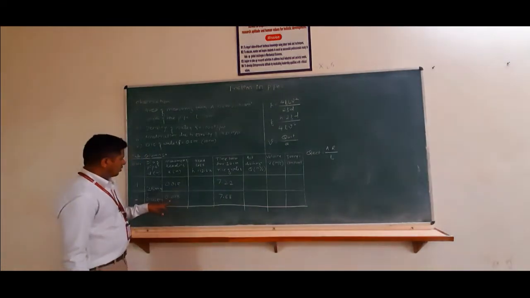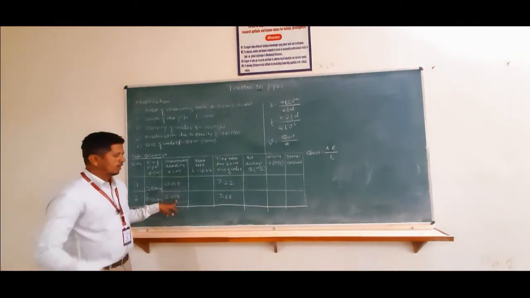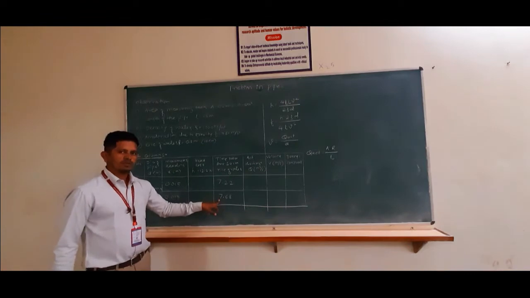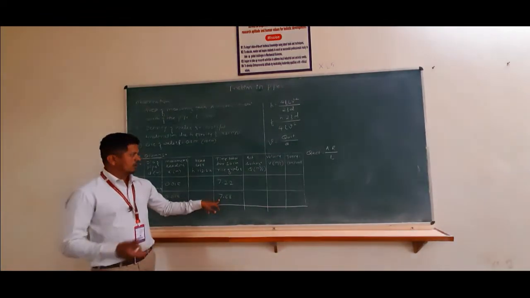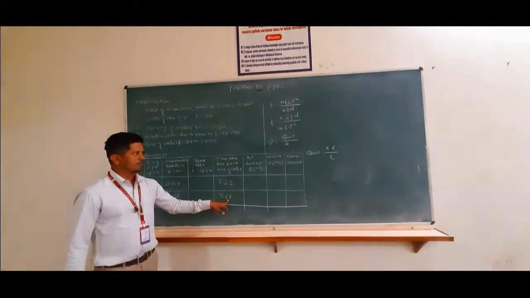Okay, and there is one more reading, this is 0.015 when the flow is moderate. That time the time taken to fill the 10 centimeter rise of water is 7.68 second.